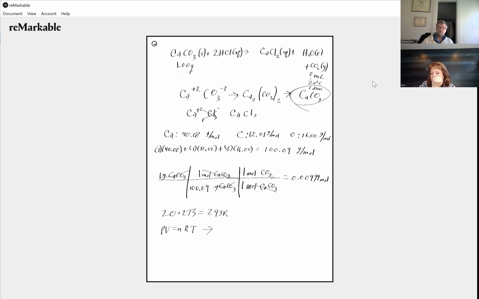So our gas law, PV = nRT, we have 1 atmosphere of pressure. We are looking for the volume. We have 0.00999 moles of gas, 0.0821 liter atmosphere per mole Kelvin, times 273 Kelvin.